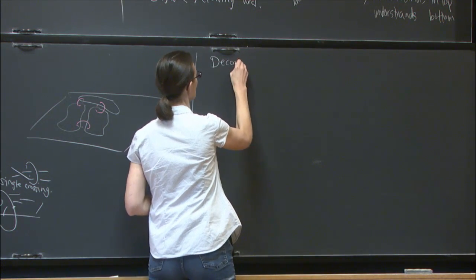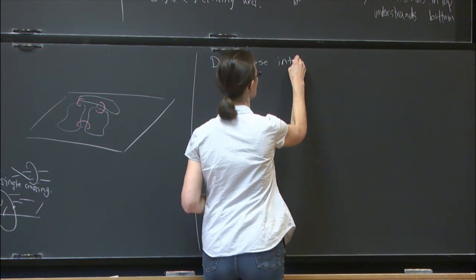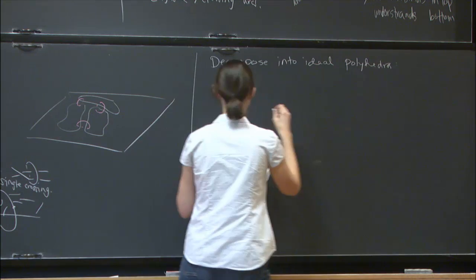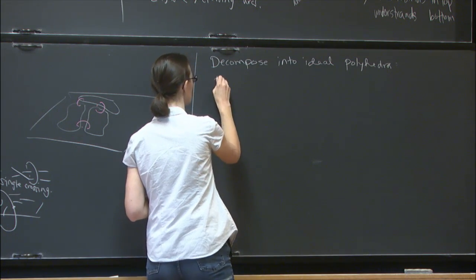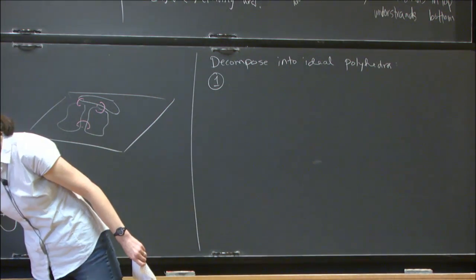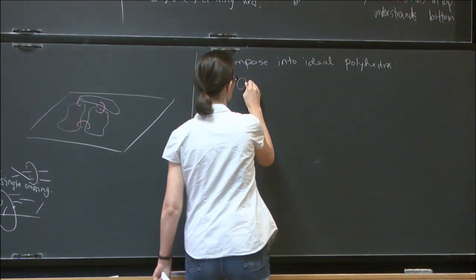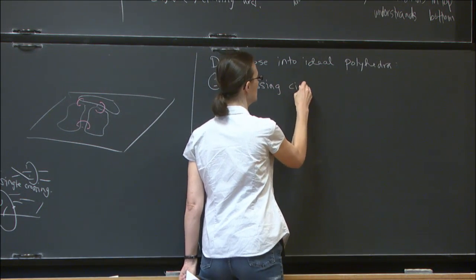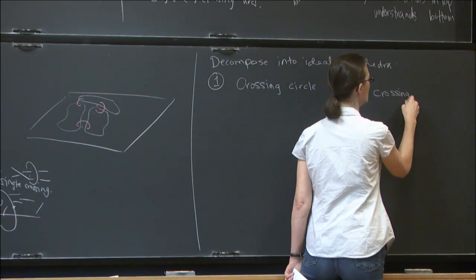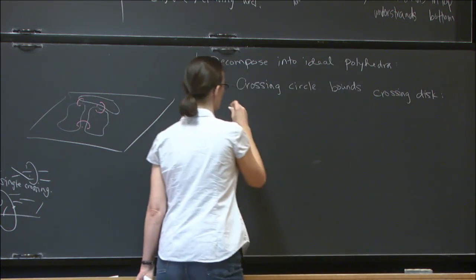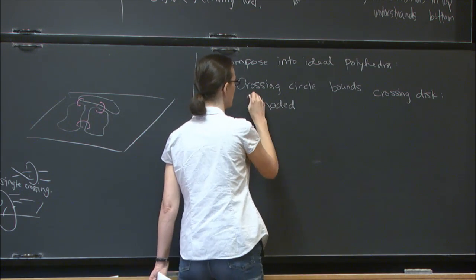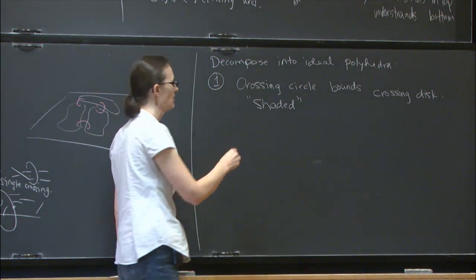So decompose. OK, so the first thing you're going to do is view each of these crossing circles as bounding a disk. So a crossing circle bounds a crossing disk. And this is going to be a shaded face. These are going to give me shaded faces when I'm all done.